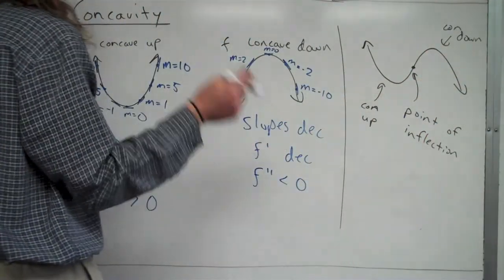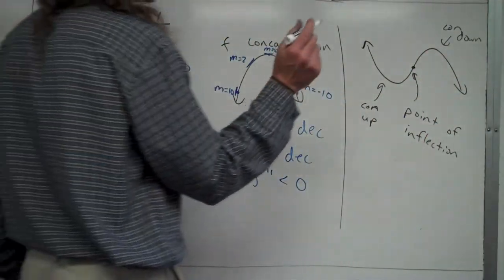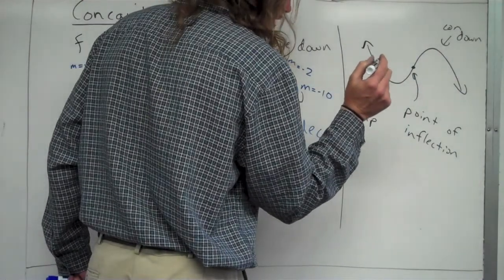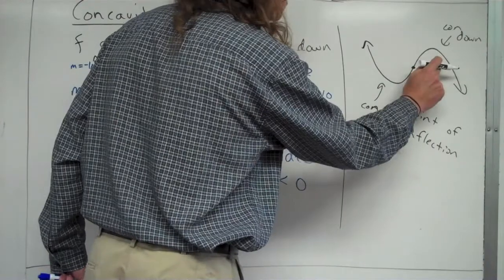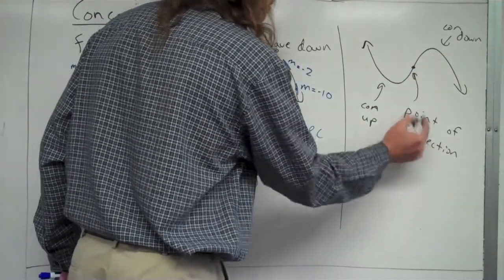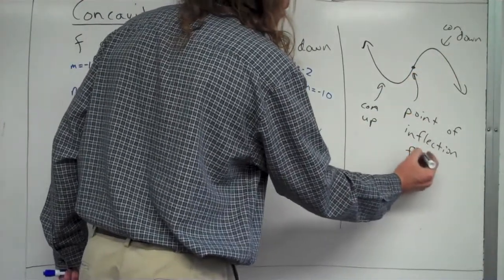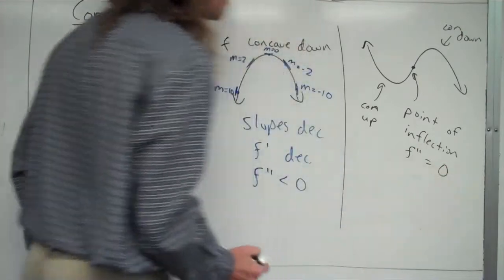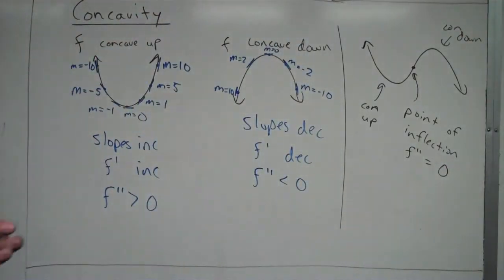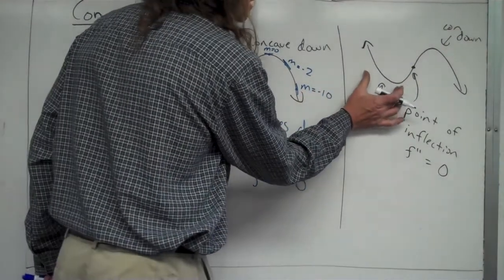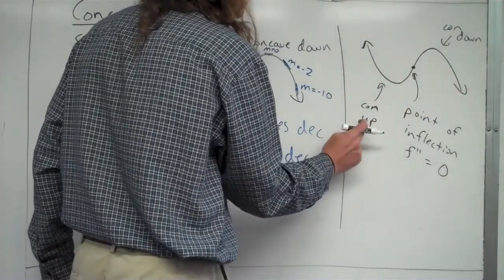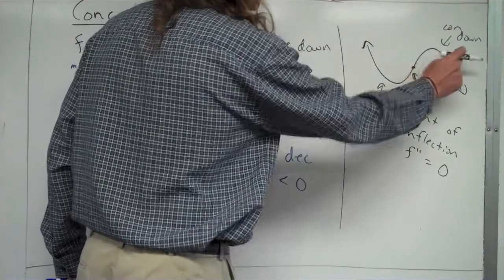So in order for a graph to change concavity, the second derivative would have to change from being positive to negative, and therefore that would be where the point of inflection would be, the place where f double prime is equal to 0, for the most part, okay? It'd be where f double prime is equal to 0, because again, to change from concave up to concave down, the second derivative would have to change from positive to negative.